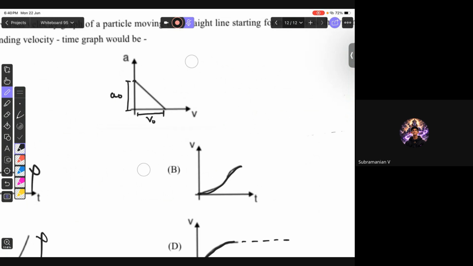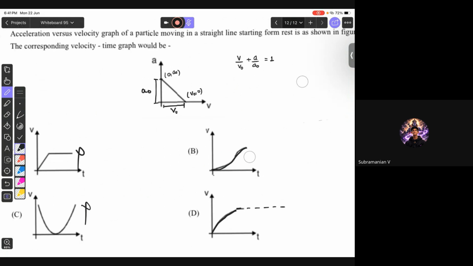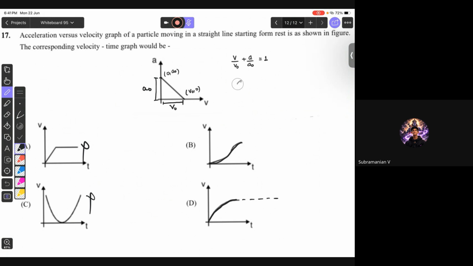Here the coordinate will be 0 comma A naught. Here the coordinate is V naught comma 0. So the x-intercept is V naught, so V by V naught. The y-intercept is A naught, so A by A naught equals 1. So find A from it. So A equals A naught into 1 minus V by V naught.